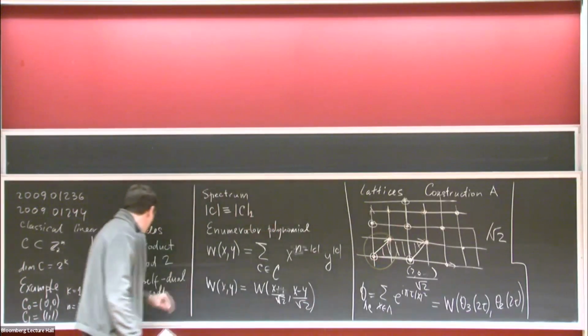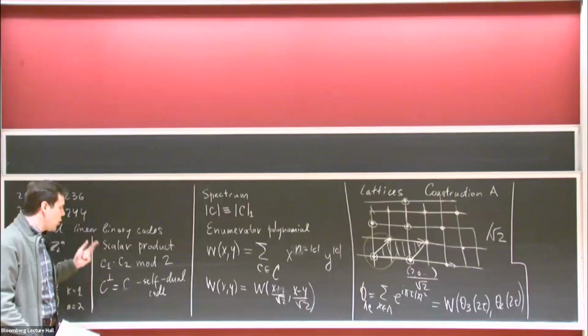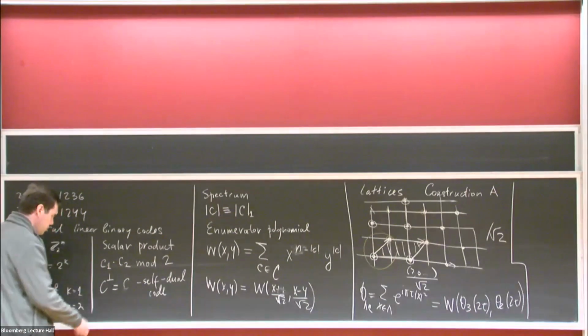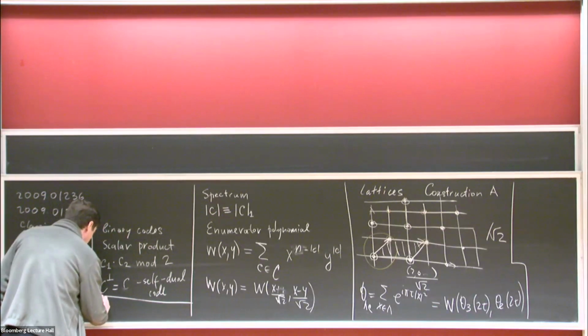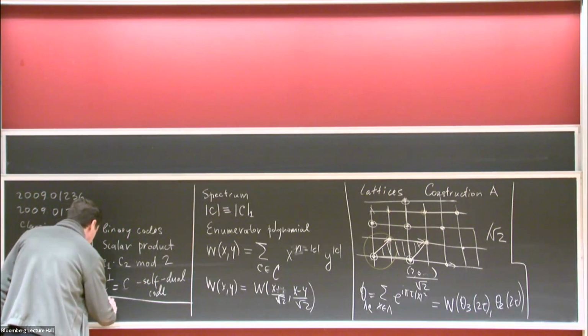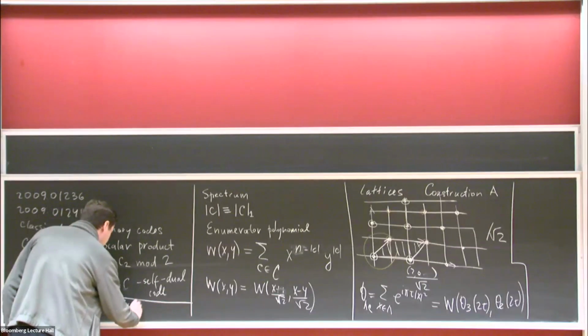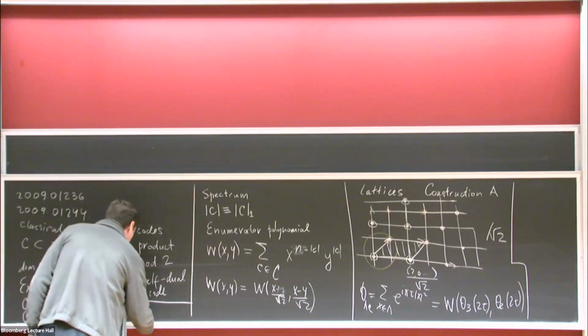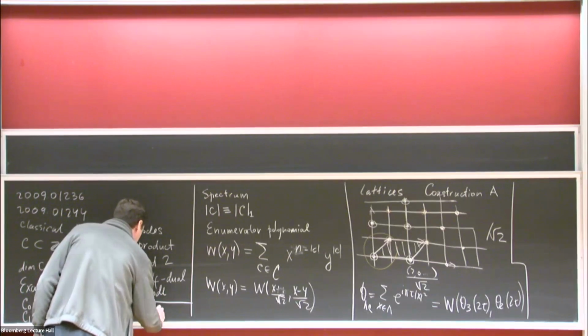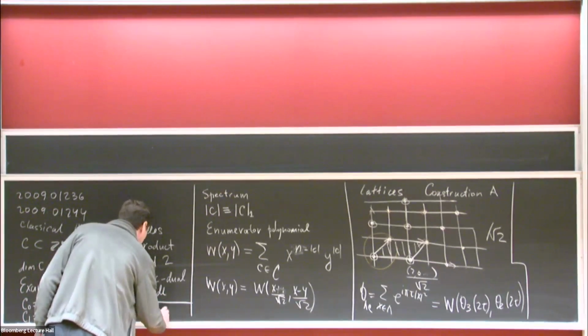That's important because I can also add an additional condition. I can demand my code to be doubly even. What does it mean that the code is doubly even? It means that the weight of any code word C is divisible by 4.